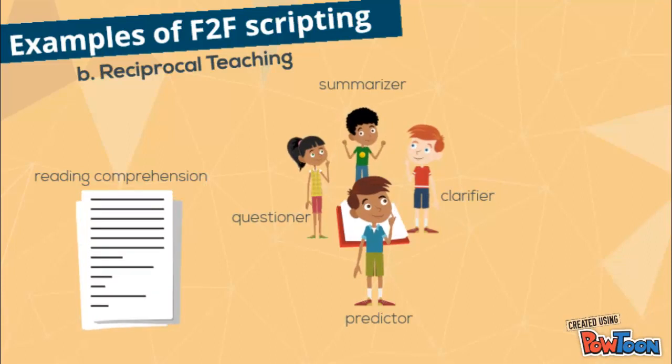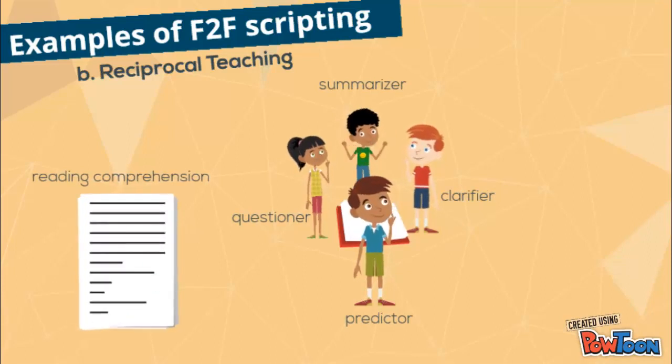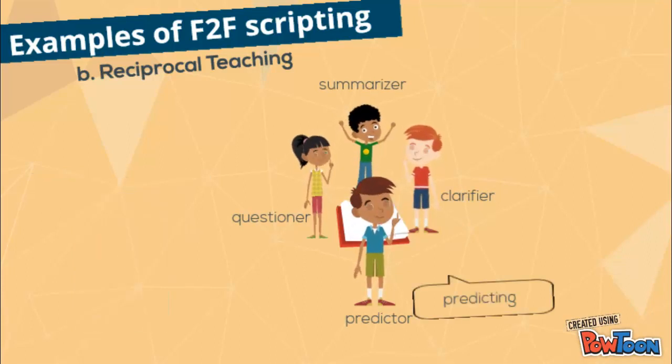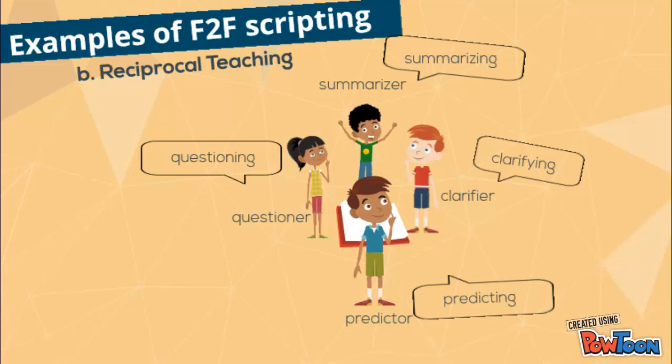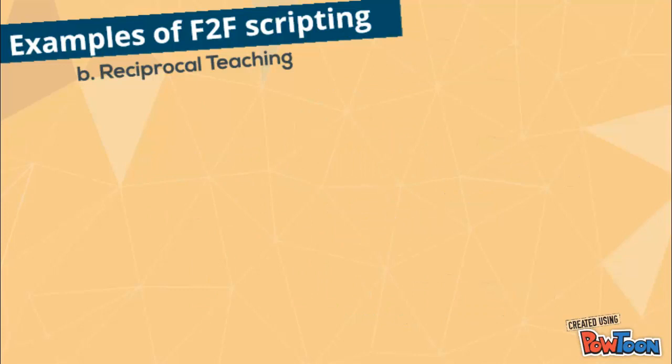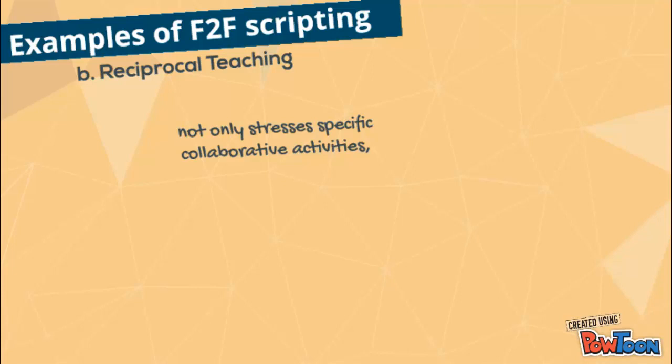There's a sequence of activity which is predicting, reading, questioning, summarizing, and clarifying the content, and also make new predictions about the next segment of the test. Reciprocal teaching, therefore, does not only suggest specific collaborative activities such as questioning and supporting each other, but also provides a meaningful sequence of these activities in a social context.